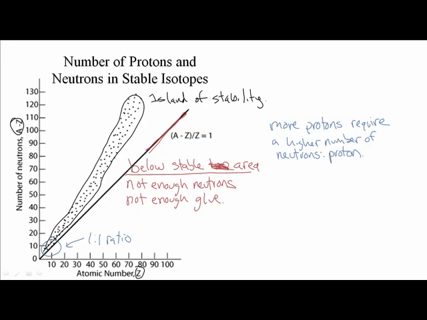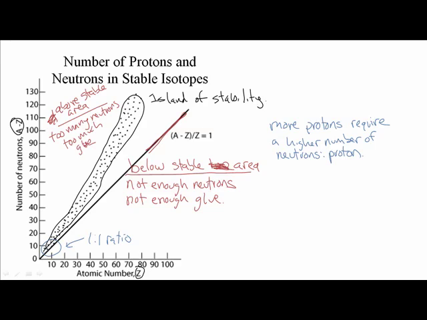Up here, we have above the stable area. We have too many neutrons. So in this case, we have too much glue, right?